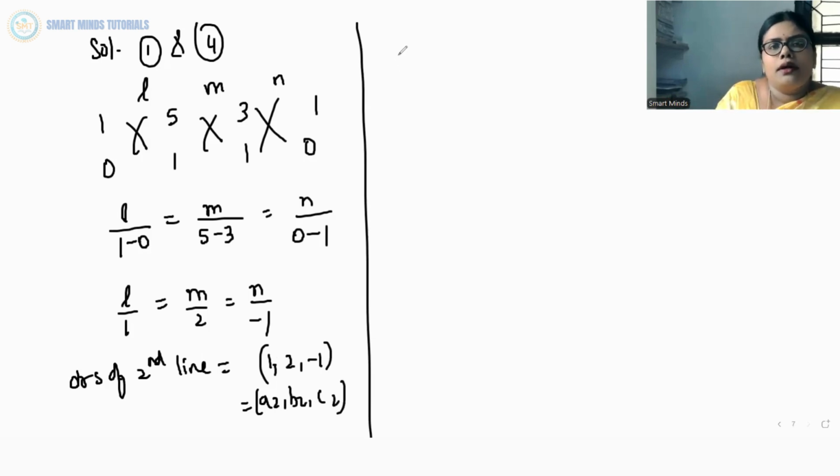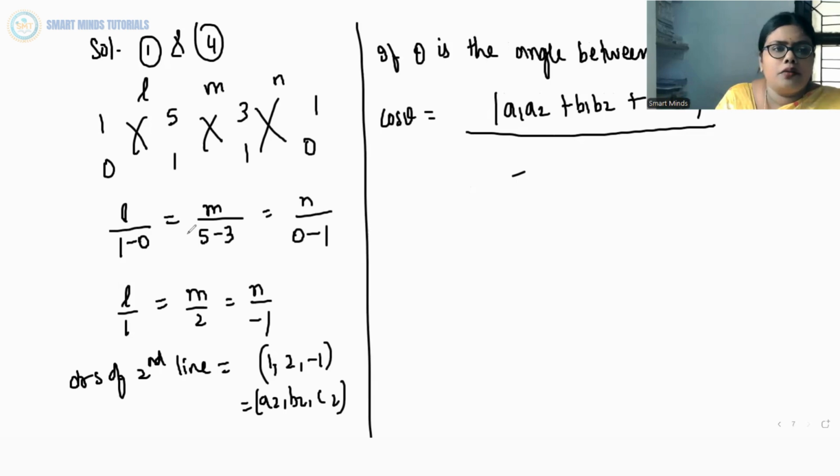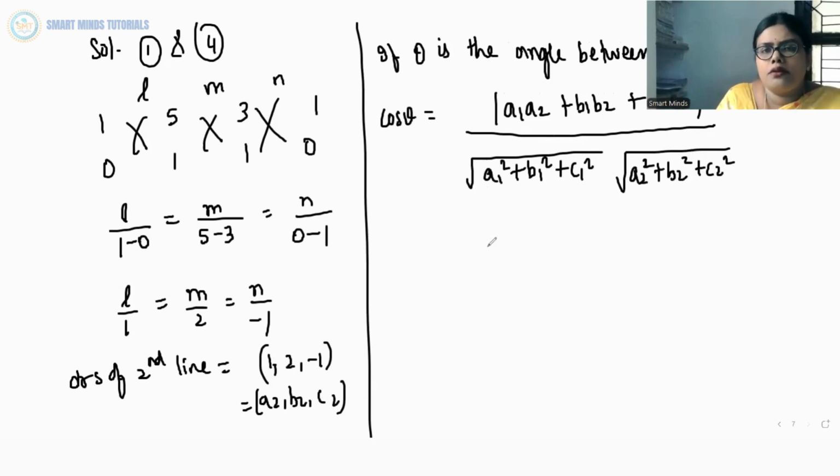Again, we need to apply the cos theta formula. If theta is the angle between these two lines, then what is the formula for cos theta? Cos theta is equal to mod A1 A2 plus B1 B2 plus C1 C2 by under root A1 square plus B1 square plus C1 square, under root A2 square plus B2 square plus C2 square.